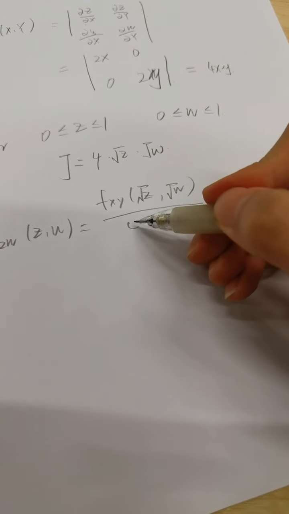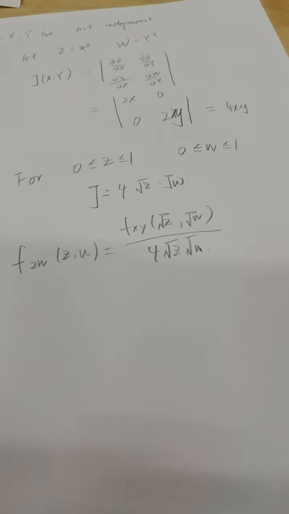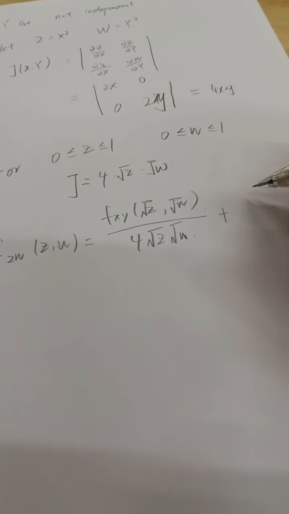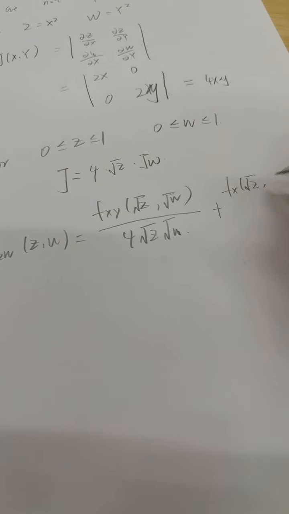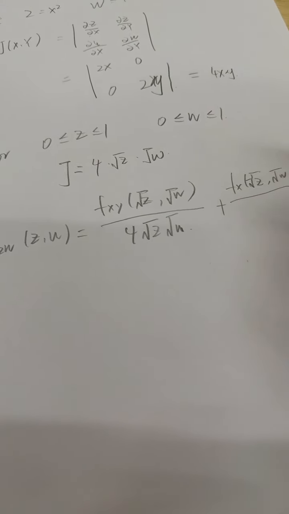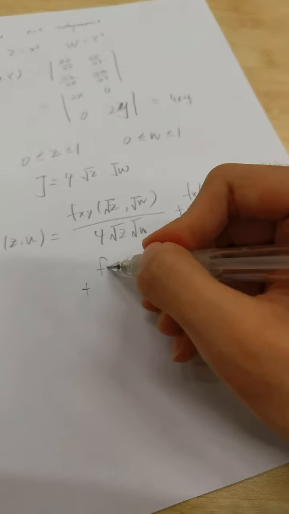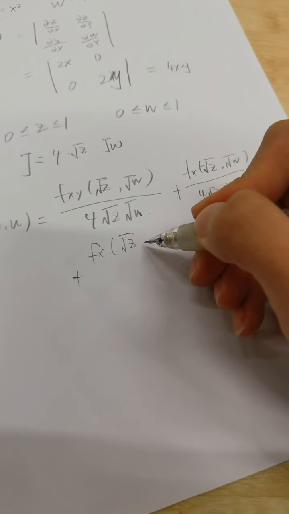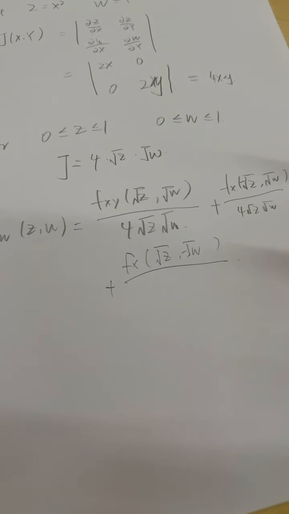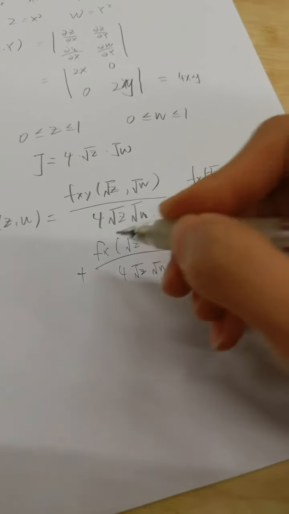It's a formula, which is 4 times square root z and square root w, plus f(x,y) at negative square root z, and plus f(x,y) at square root z and negative square root w. Because there are 4 different situations, we need to write them out one by one.